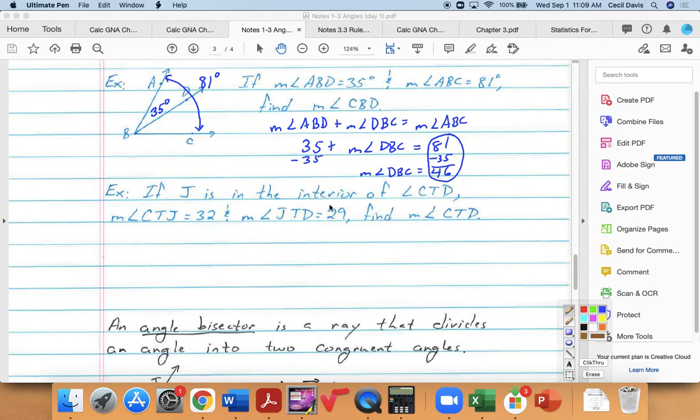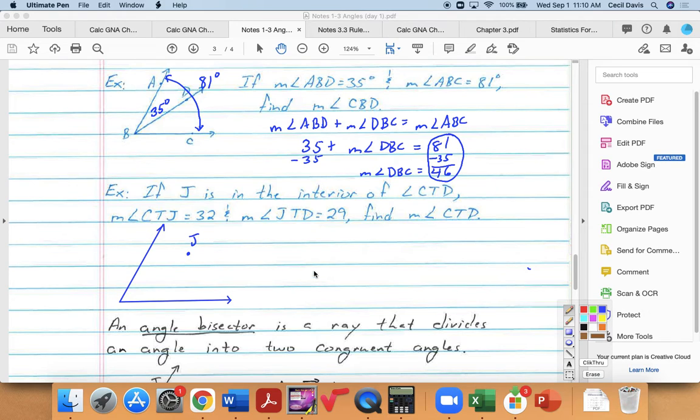Okay, it says J is in the interior of angle CTD. So, I want to draw an angle CTD. I usually make it an acute angle. I don't know how big it is yet because they haven't told me. So I have point J somewhere in the interior.